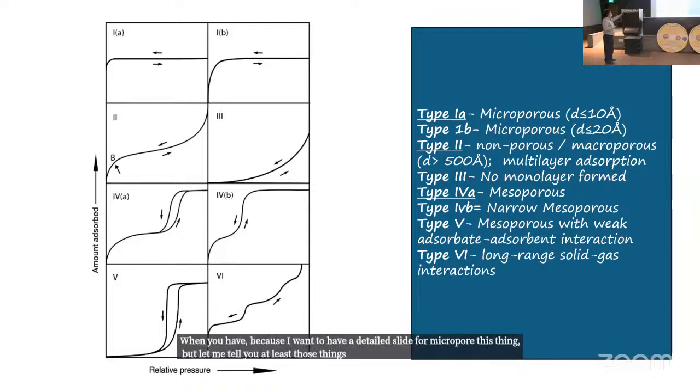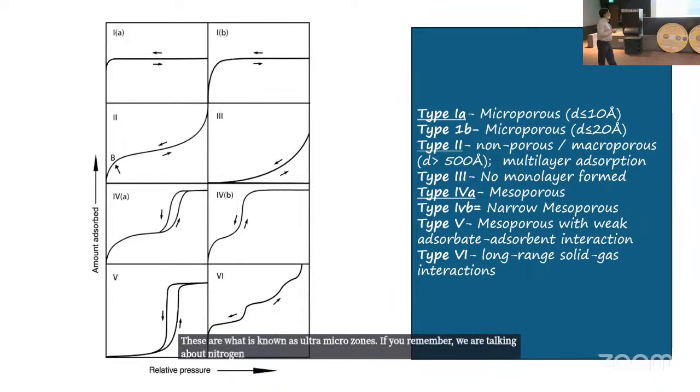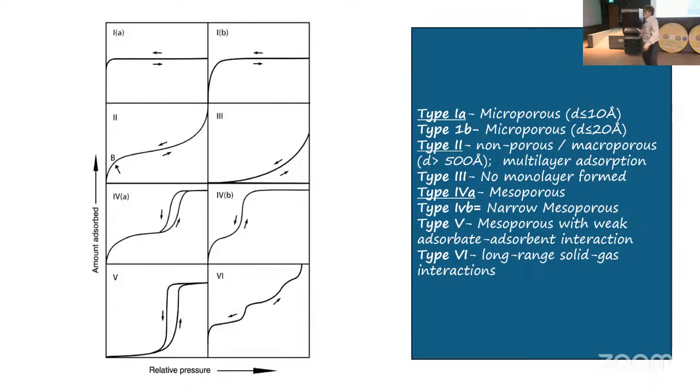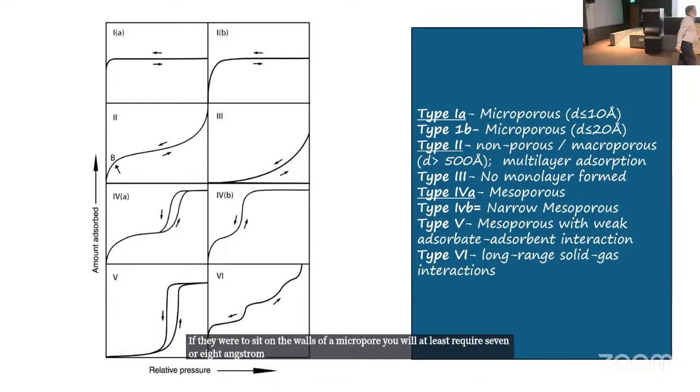These are what is known as ultra micropores, pores less than about 8 angstroms. If you remember, we are talking about nitrogen adsorption. Nitrogen molecular size is about 3.5 or slightly more than 3.5. If they were to sit on the walls of a micropore, you will at least require 7 or 8 angstrom so that one molecule gets inside.